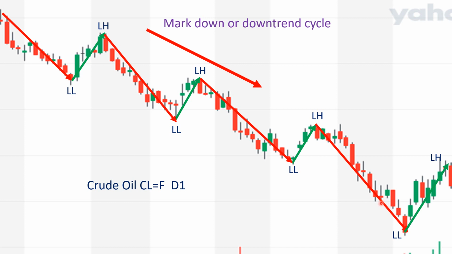So these were the 4 Wyckoff cycles that I explained clearly. In the next slides, I'm going to talk about how you enter the trade in these 4 cycles.